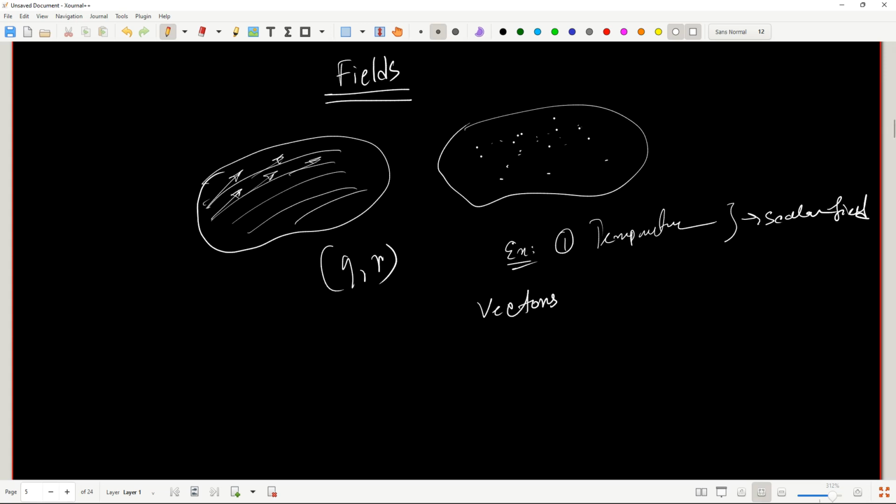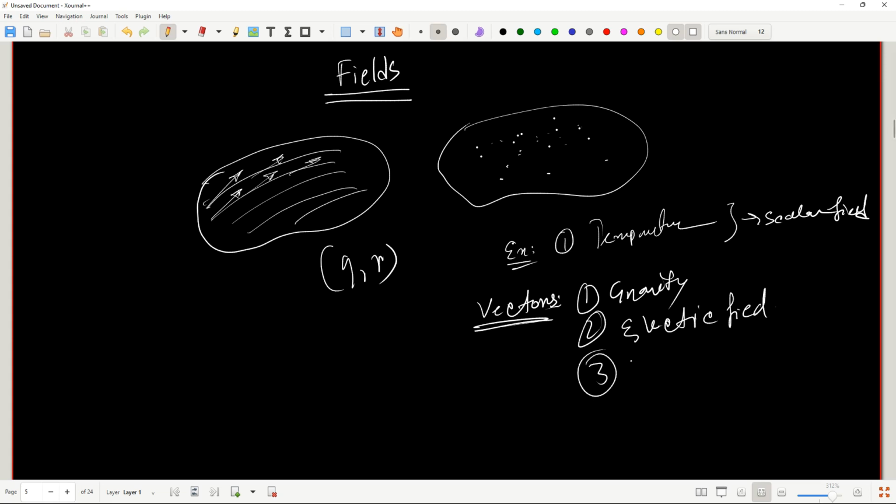I think you are very familiar with vector fields. It can be gravity, it can be the electric field, it can be magnetic fields and so on. And you can even have fields that are very exotic, and those types of fields are called matrix valued fields. Instead of assigning scalars, vectors or tensors, think of assigning a matrix at each and every point on that manifold.